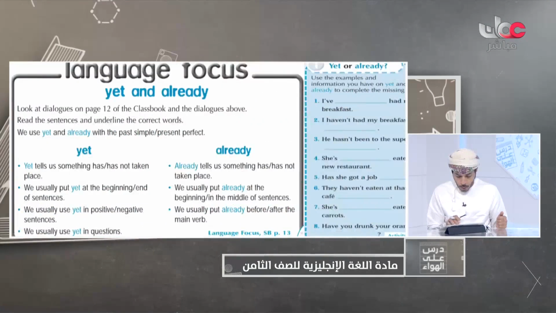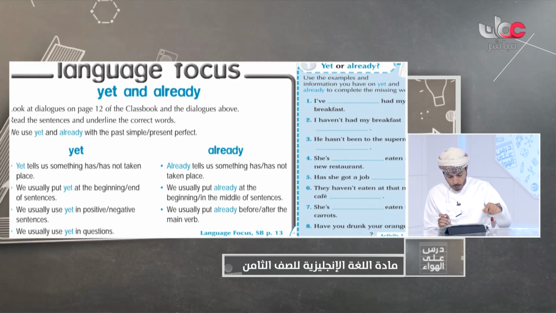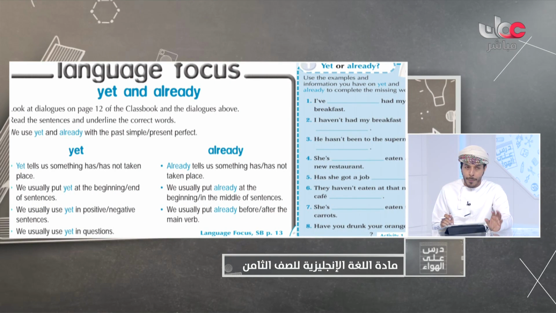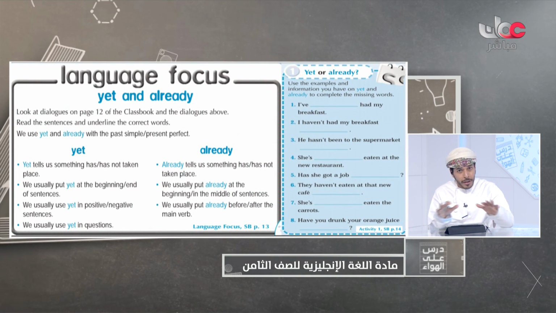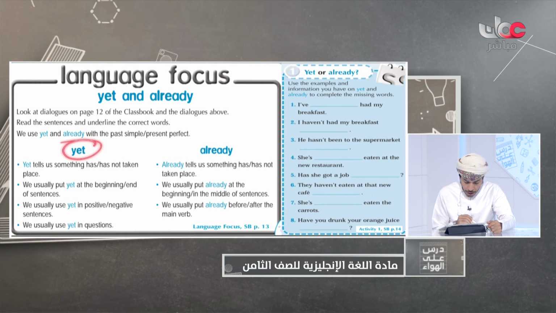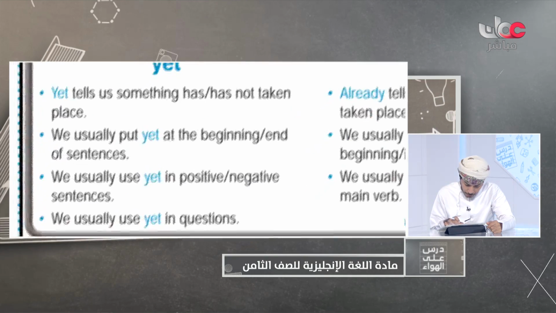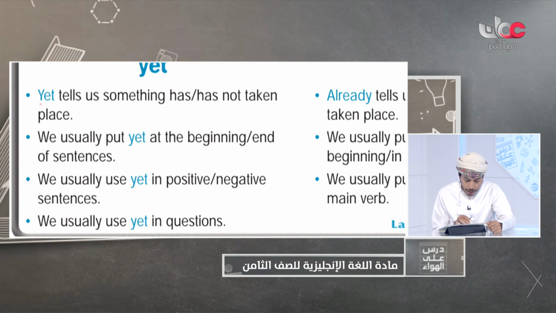Good? So when we go to the language focus that we have in your skills book on page 13, please look at the first one. I think now it is all easy for you. The first one: yet tells us something has or has not taken place. Of course, has not taken place. So this is the answer.